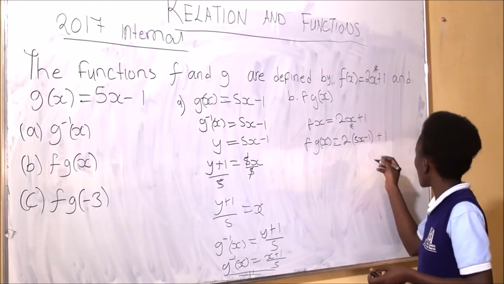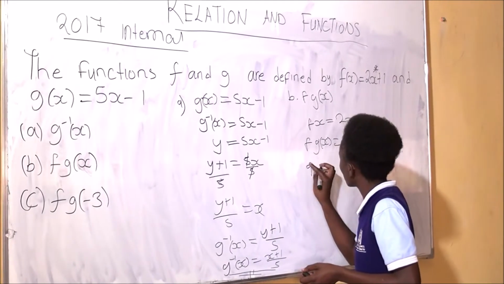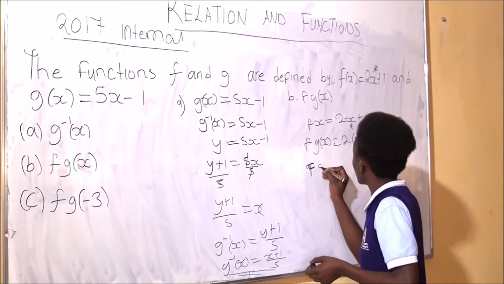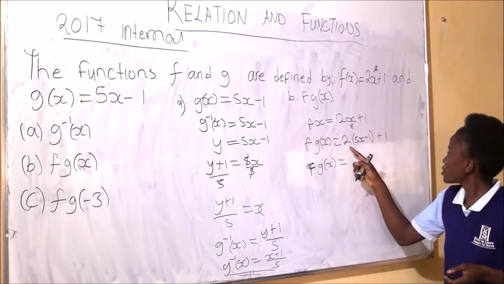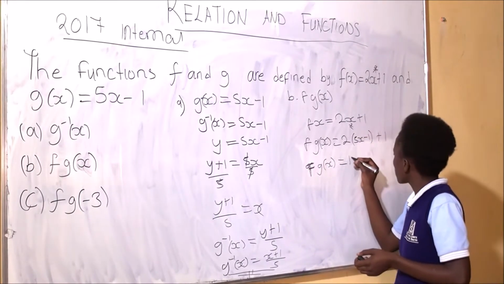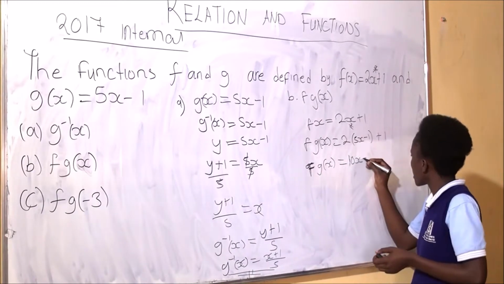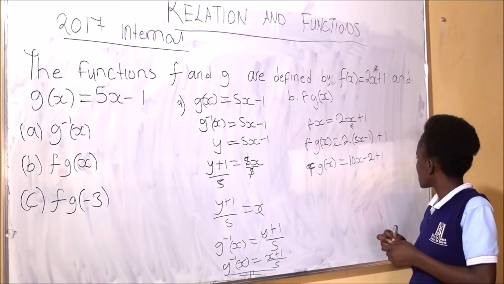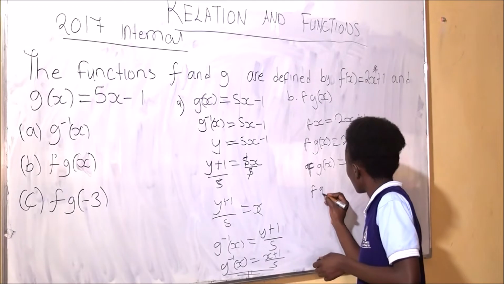Not yet done, we have to simplify this. f g of x is equal to 2 times 5, which is 10x, then 2 times negative 1, which will be negative 2, and plus 1. It's not in its simplest form, we have to simplify it further.